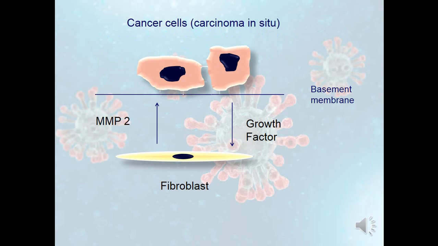This diagram shows how the malignant cells secrete growth factors that stimulate stromal cells like fibroblasts to secrete metalloproteinases, which have their receptors on the malignant cells, and they work as weapons for the malignant cells to destroy the basement membrane, enabling them to break through, leave their place and move towards the stroma.